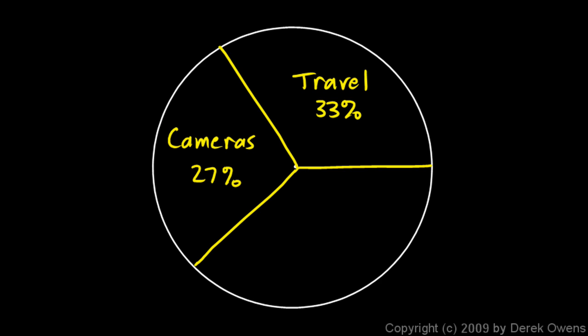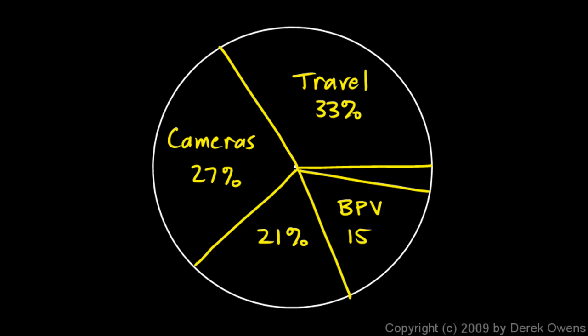And then the Kung Fu lessons were 76 degrees, so we need an angle down here, about right there. Again, measure this with the protractor. That should be 76 degrees. And the Kung Fu lessons were 21%. And then the bulletproof vest was 15%, and that angle was 54 degrees.